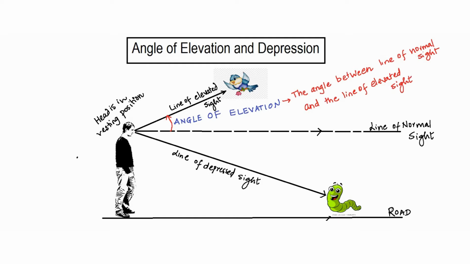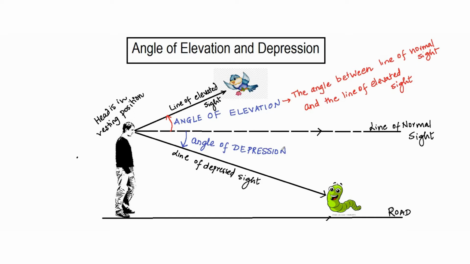Similarly, the angle between the normal line of sight and the line of depressed sight, this particular angle, is called the angle of depression, right? So I can define the angle of depression as follows.